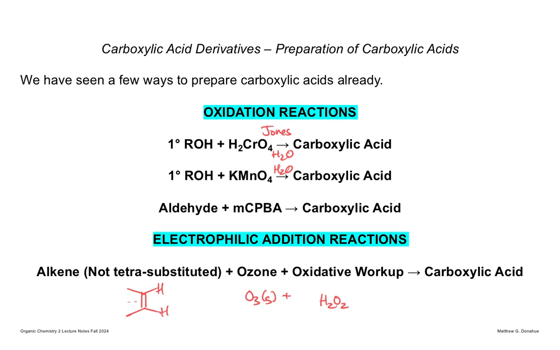So what you would get in this case is 2 equivalents of acetic acid. Conceptually, you split the alkene in half, and then each carbon becomes an acid.